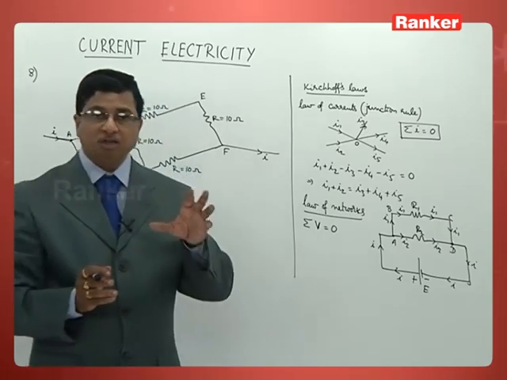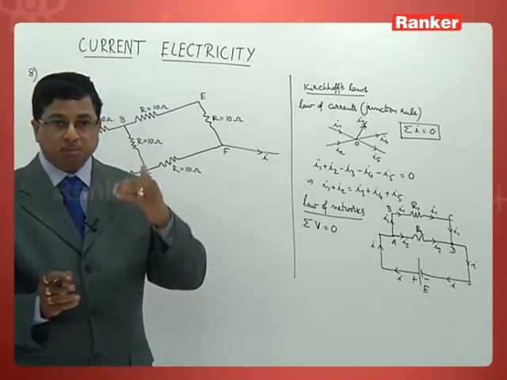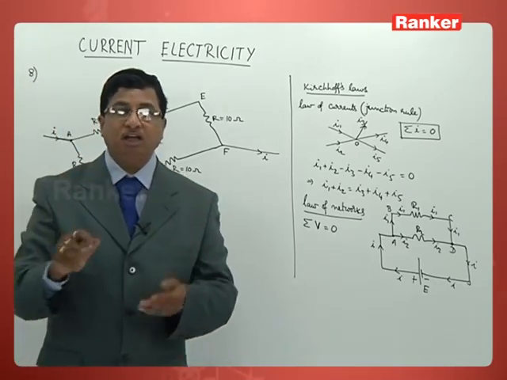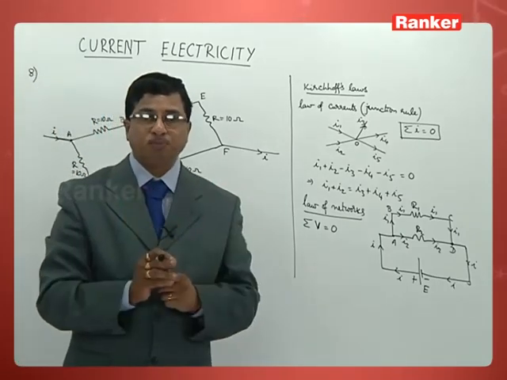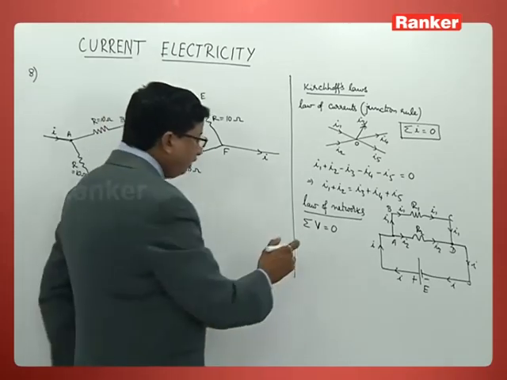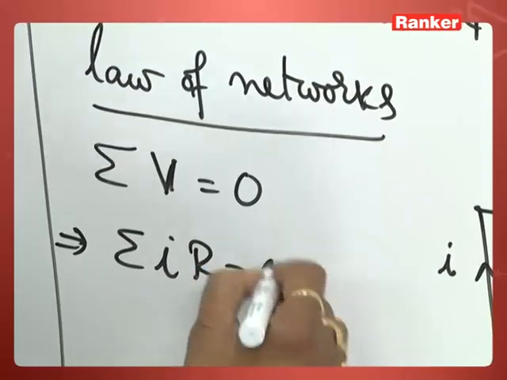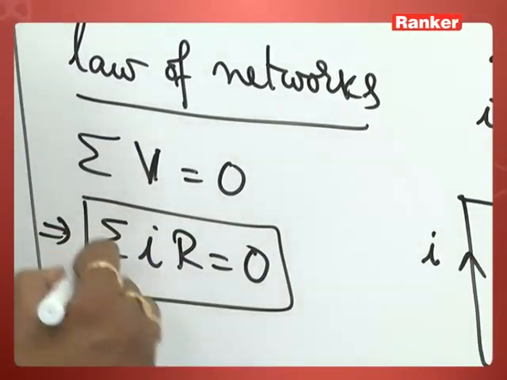I repeat, algebraic sum of EMFs across a closed electrical network will be 0. If I write the same this way, sigma IR is equal to 0 also I can write.